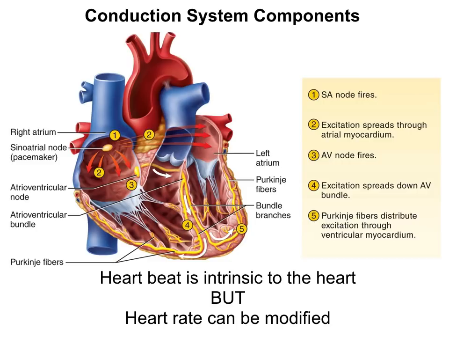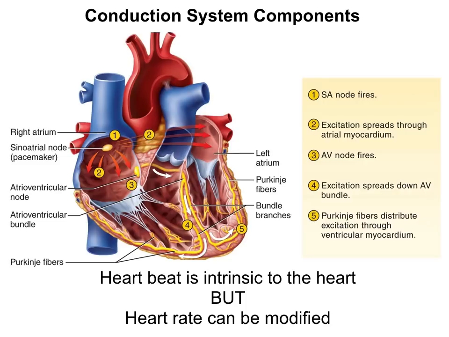All right, so now all we have done is create an action potential. We have passed it through the atrial walls, causing your atria to contract, and we deposit that action potential at a little node, which is number 3 in the figure on the screen. It is called your atrioventricular node, or your AV node.